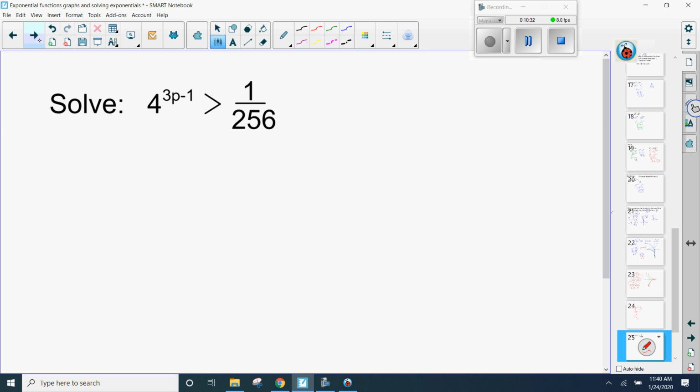All right, this right here. Yesterday, or even the bell ringer today, you worked through this problem, but it would have been written this way: 4 to the 3p minus 1 is equal to 1 over 256. Let's solve it as if it were in equals. Can you do that for me?